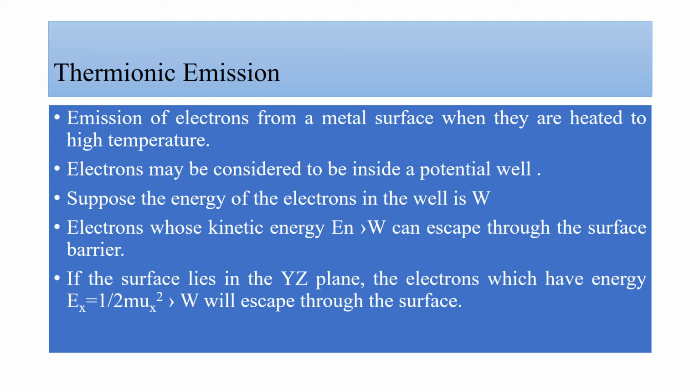Suppose the energy of the electrons in the well is W. Then only those electrons whose kinetic energy Ex associated with the motion normal to the surface of the metal is greater than W can escape through the surface barrier. If the surface lies in the YZ plane, the electrons which have energy Ex equal to half m ux square greater than W will escape through the surface.